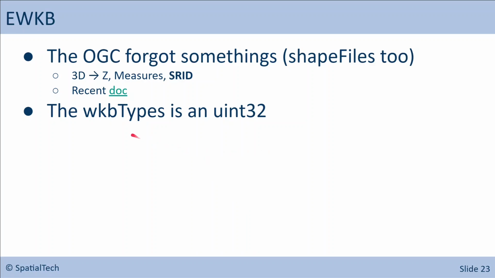And so the thing is that in well-known binary, when we get into the geometry type, it's stored as an integer. And that's a 32-bit int. And maybe there's, let's say, 20 to 30 different geometry types. An int can store, if it's an unsigned int, and that's what that U means, unsigned int, 0 to 4.28 billion.